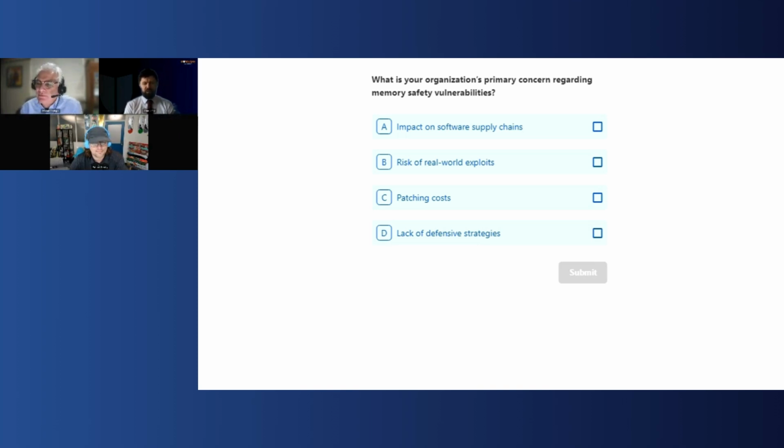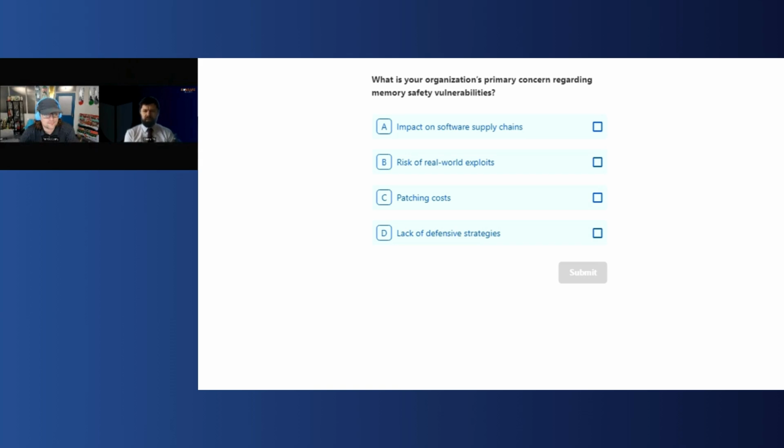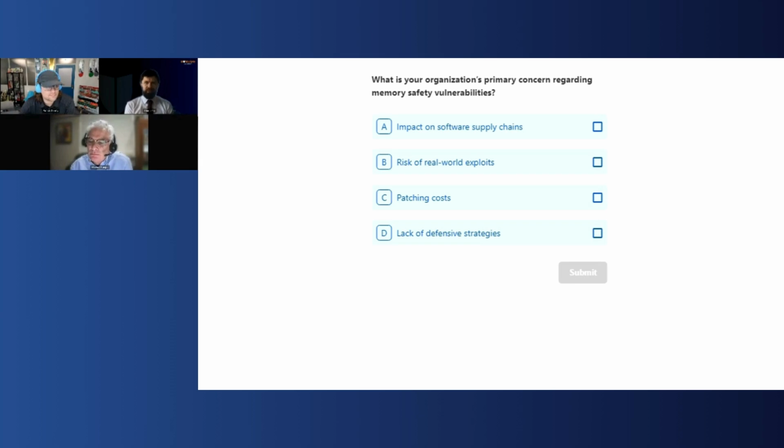Yeah, that's a great opening question. So memory safety vulnerabilities, there's about 85, 86 common weakness enumerations, CWEs, that cover them in some shape, form, or fashion. And they're things like buffer overflows or heap use after free. They're a class of vulnerabilities that really are only present in compiled code.